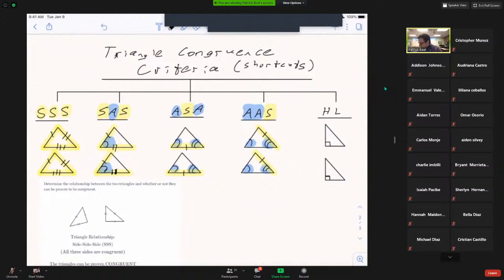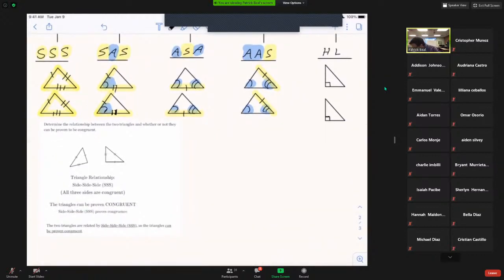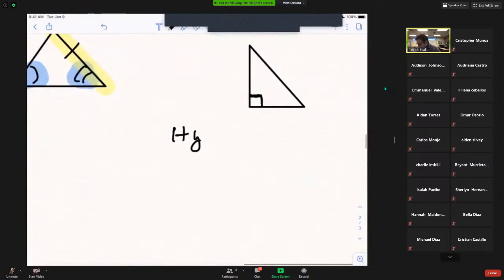I wish I had a little more space. I guess I'll do it down here. HL stands for hypotenuse, leg.